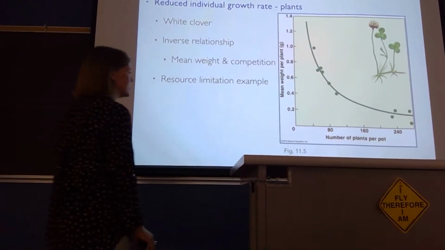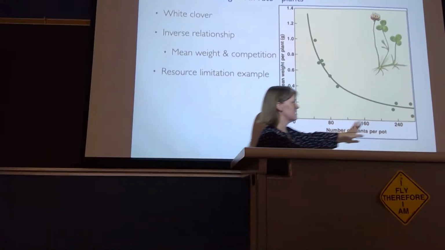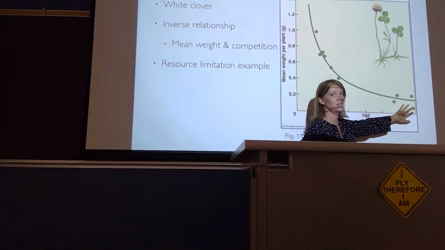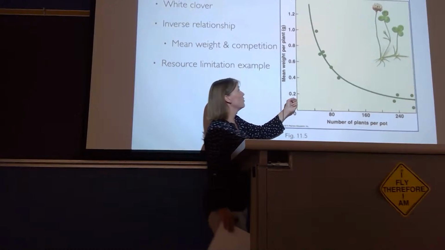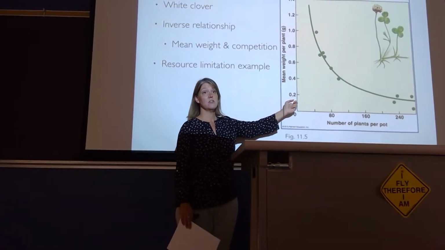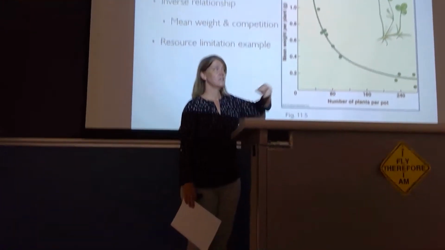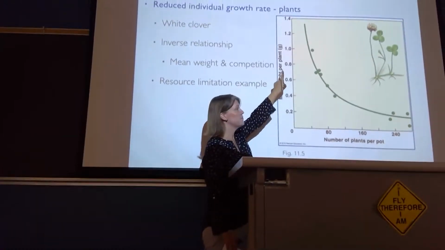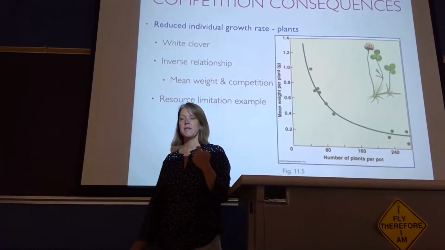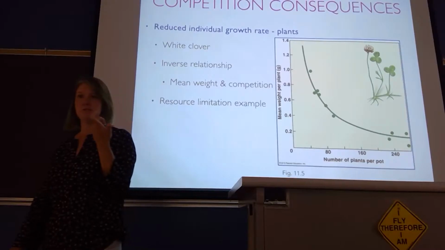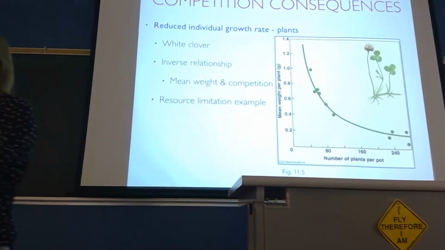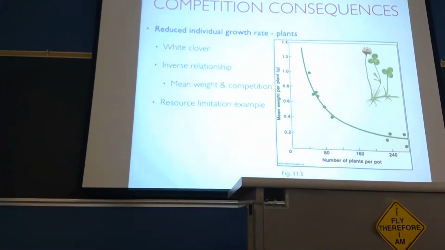And what they saw was that increasing density, increasing competition, led to lower weight per plant. It affected the growth of the plant. And the fewer there were, the bigger they grew. Okay, and so that's an inverse relationship. The fewer, the bigger; the more, the less they grew.